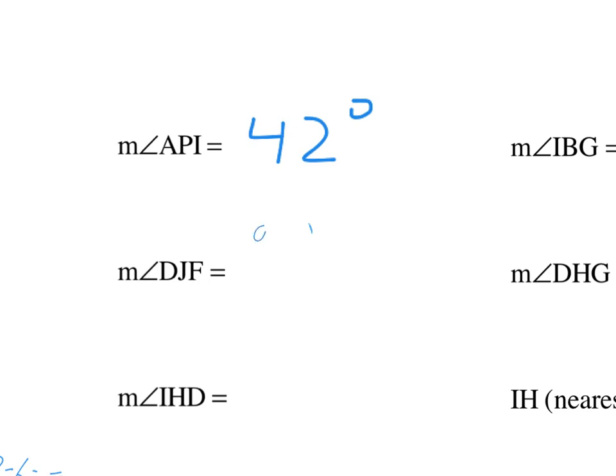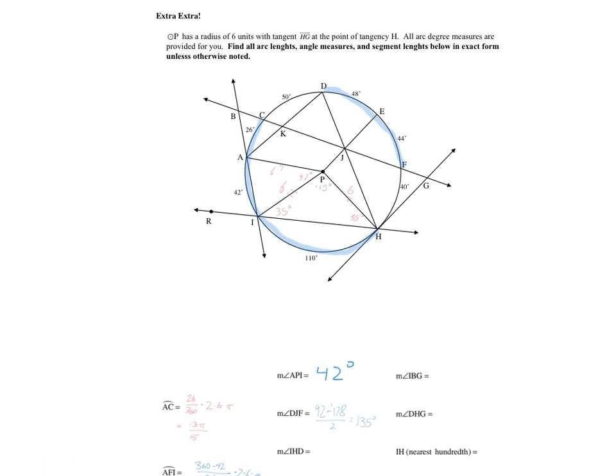So 92 plus 178 divided by 2 is going to be equal to 135 degrees. Okay, we got more to focus on here. I just figured out I can do that, which will make this a lot easier. IHD.